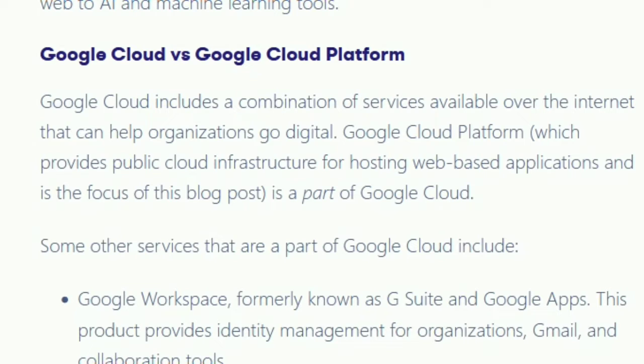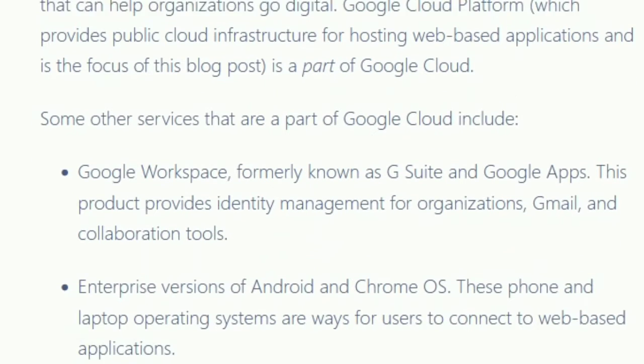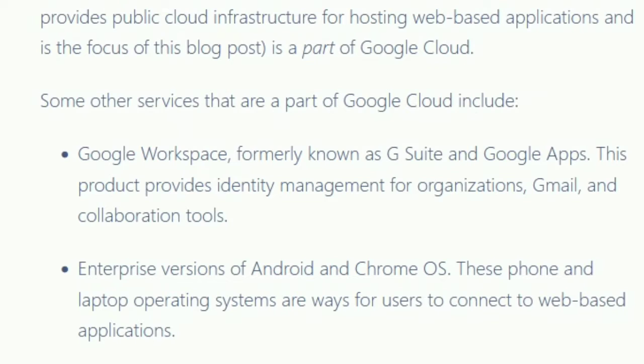Some other services that are a part of Google Cloud include: number 1, Google Workspace, formerly known as G Suite and Google Apps. These products provide identity management for organizations, Gmail and collaboration tools. Number 2, enterprise versions of Android and Chrome OS.